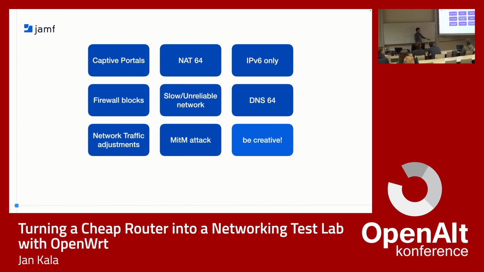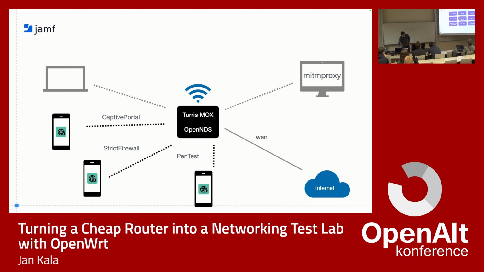Some network traffic adjustments, as we just saw in the latest demo. MITM attack, I don't know. Be creative about all the parameters that OpenWrt offers you, because that creates more and more environments you can test on.